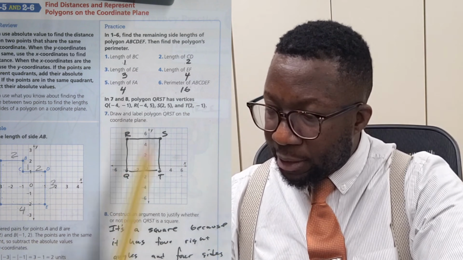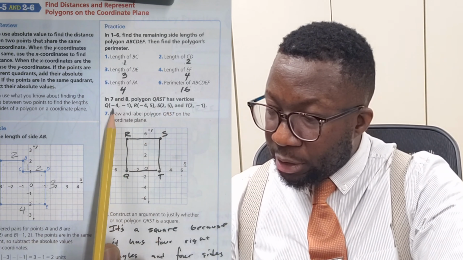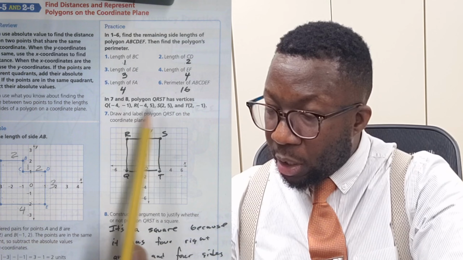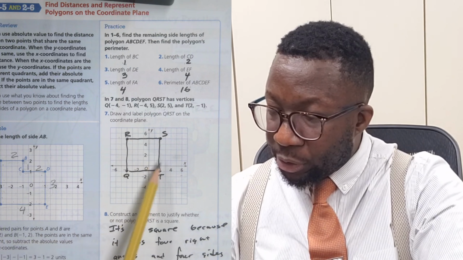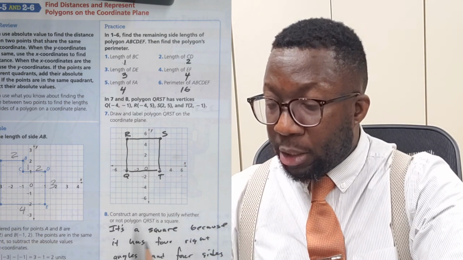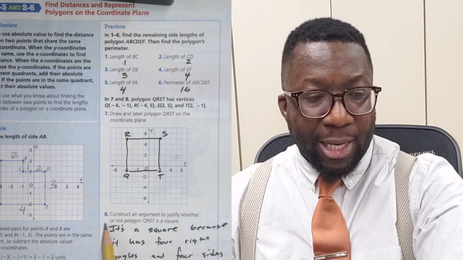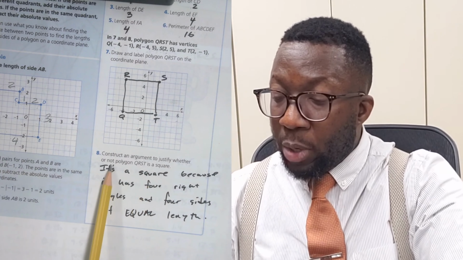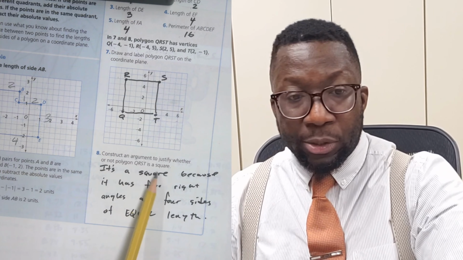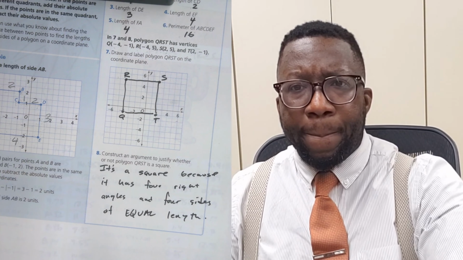Now for 7 and 8, we are just looking at each of these ordered pairs, Q, R, S, T, which creates a square that is a polygon on our coordinate plane. And number 8 asks us to construct an argument to justify whether or not the polygon QRST is a square. Well, what do we know about squares?